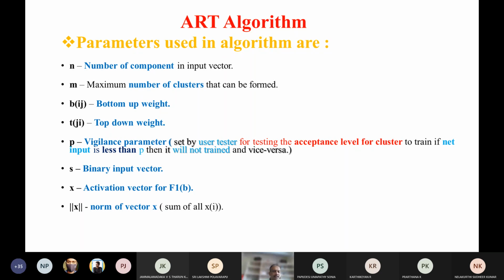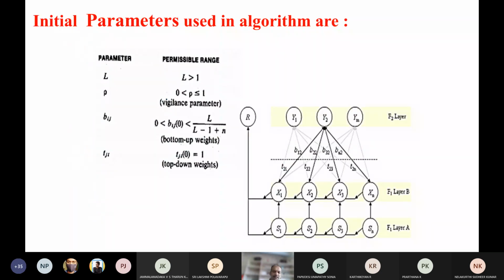S is the binary input vector, which is supplied to the A portion of the F1 layer. X is the activation vector for F1B. Modulus of X is the norm of vector X, which is the sum of all Xi. These are all the parameters we use in the algorithm.